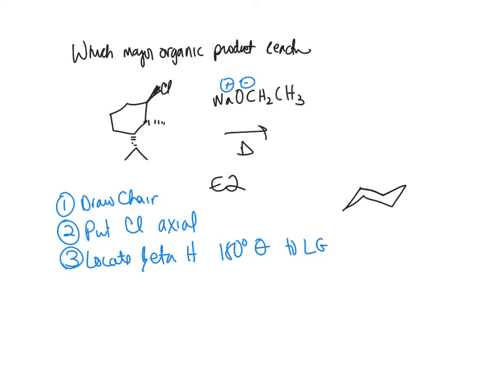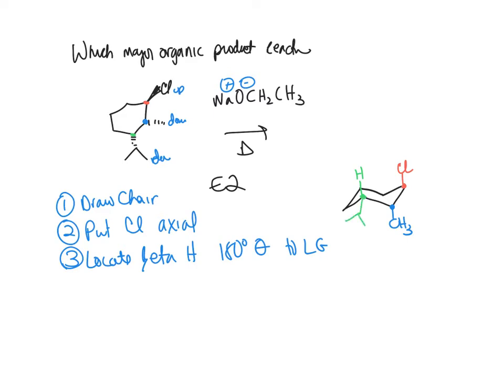So you draw your chair, and you say, okay, we're going to make this your carbon here with the leaving group, and put the chlorine in the axial up. And then if I go to this carbon here, that is going to be a CH3 down. So this is up, this is down, and this is down. So we come to here, and this hydrogen has to go axial up. So this would be equatorial down.